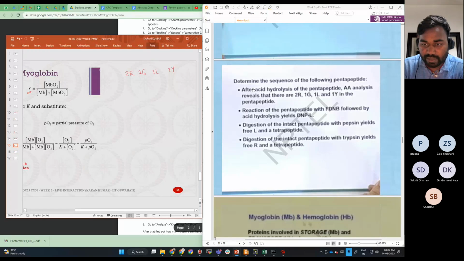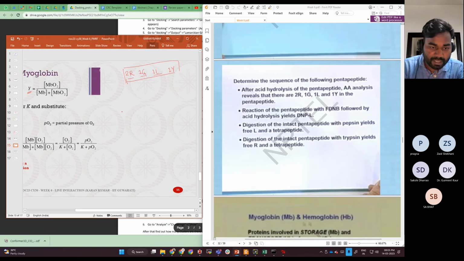Okay, so now all the steps, all the 4 steps, the digestion steps, have given some different hints. So when there was acid hydrolysis of 6 molar, what did they observe? It resulted in five different amino acids: 2 arginine, 1 glycine, one leucine, and 1 tryptophan.